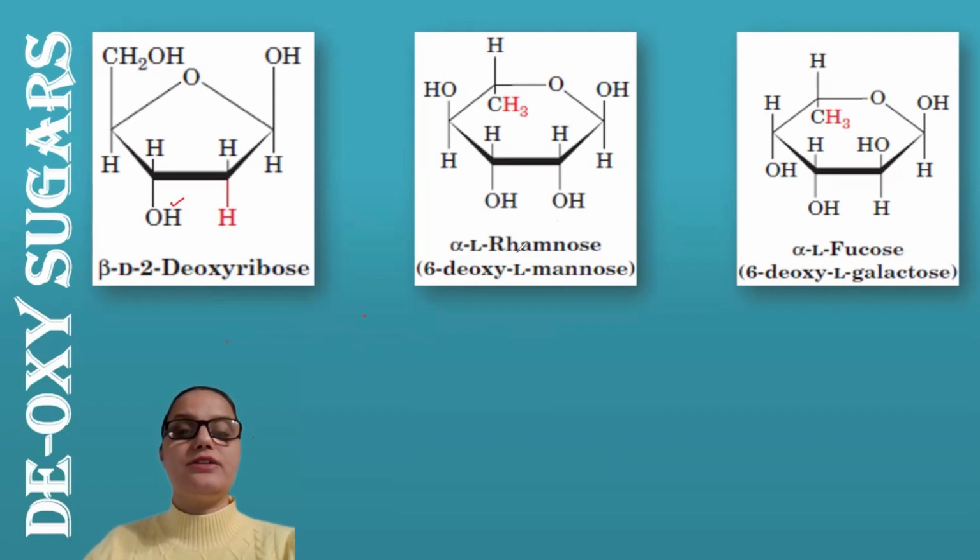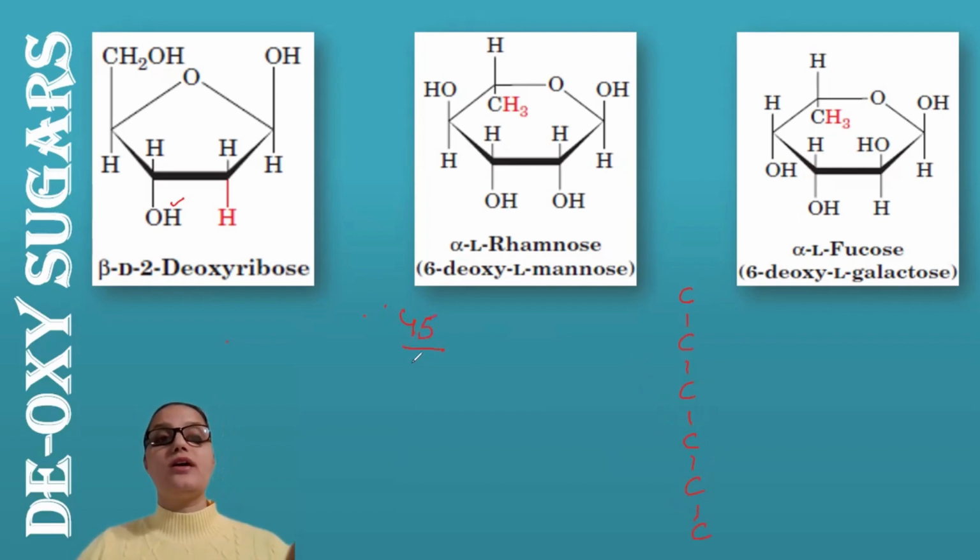So for example, this derivative, which is L-rhamnose. It is the derivative of mannose. Mannose is a 6-carbon compound, and the code for mannose was 45, which means on carbon number 4 and 5, the hydroxyl group needs to be on the right hand side. But this is true for D-mannose.